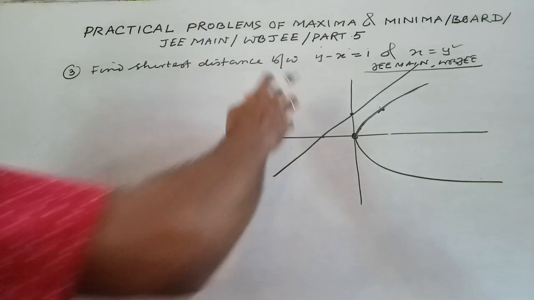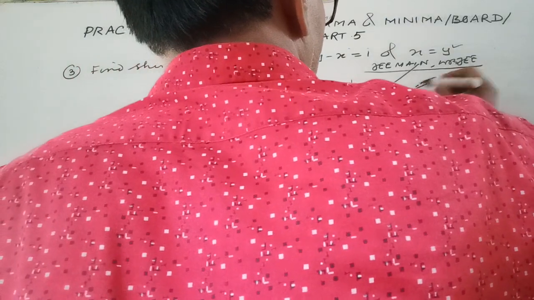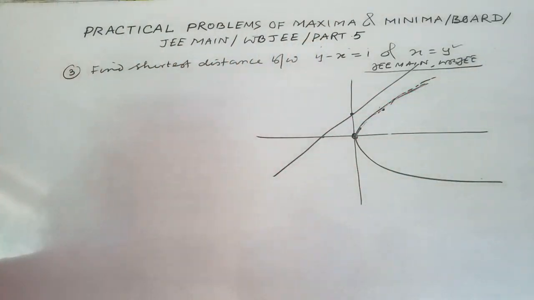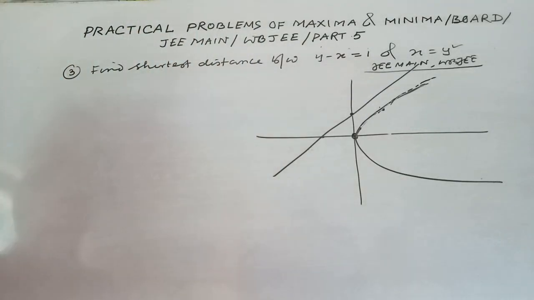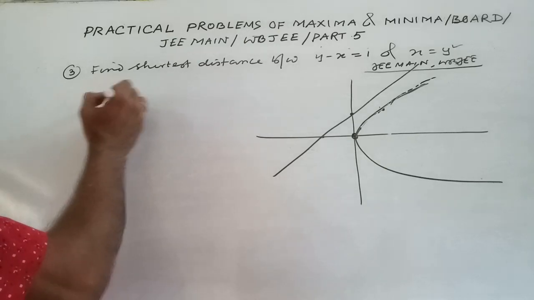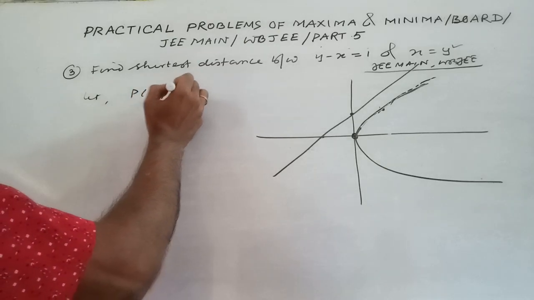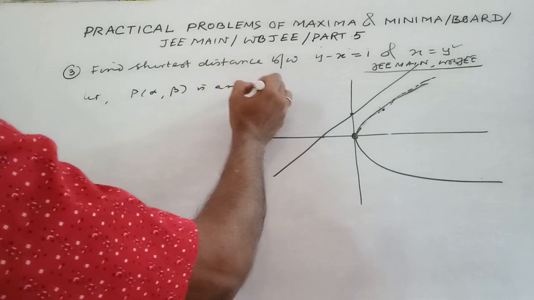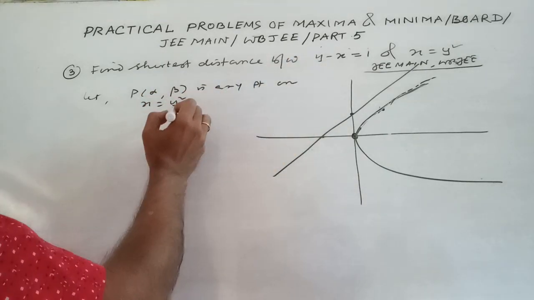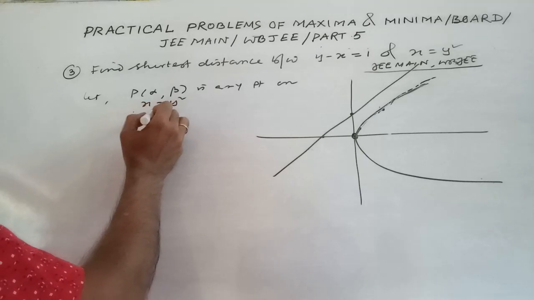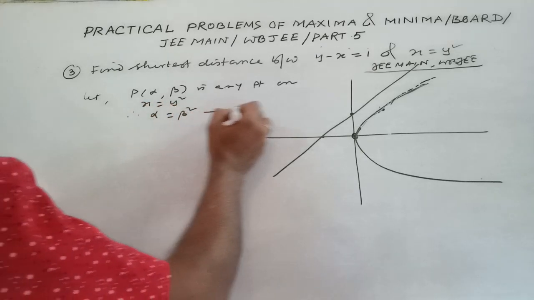So what is the shortest distance in this type of figure? So let P alpha beta be any point on x equals to y square. Therefore, alpha equals to beta square.